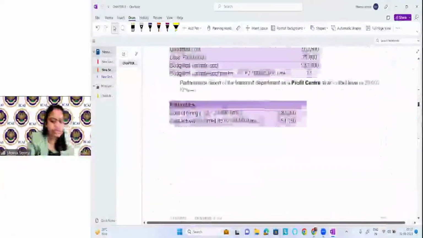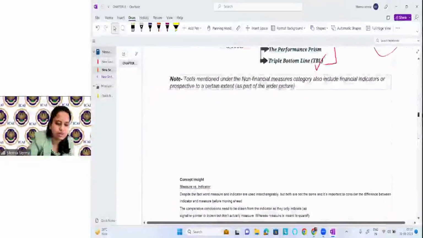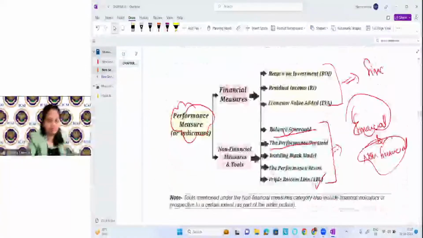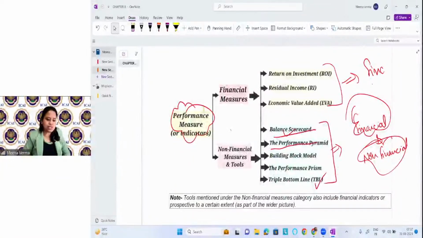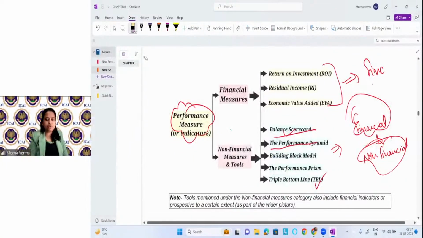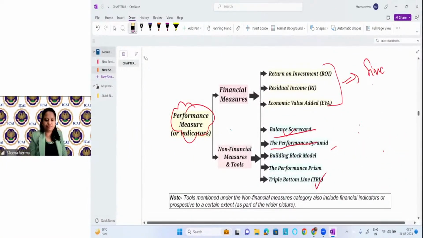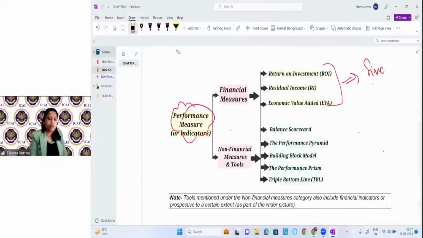So we have learned that we have these models. We have already covered 3 models now. We have covered the balanced scorecard. We have covered the performance pyramid, and we have covered the triple bottom line.